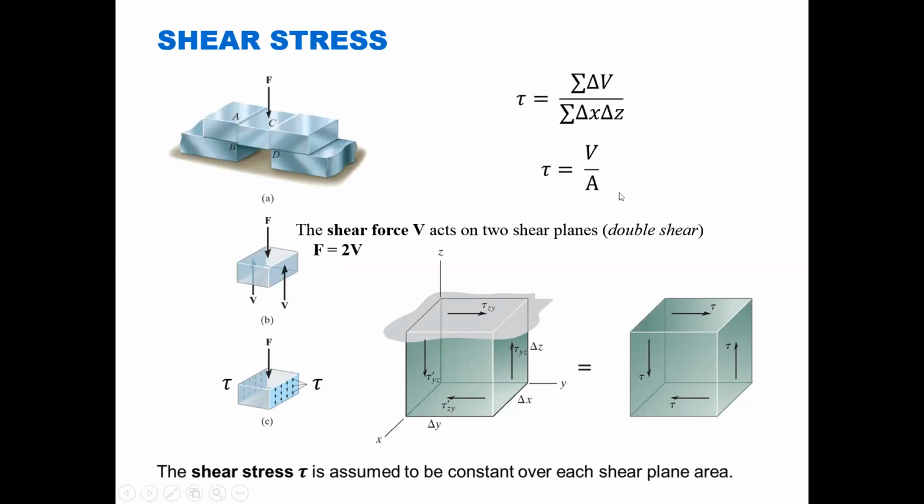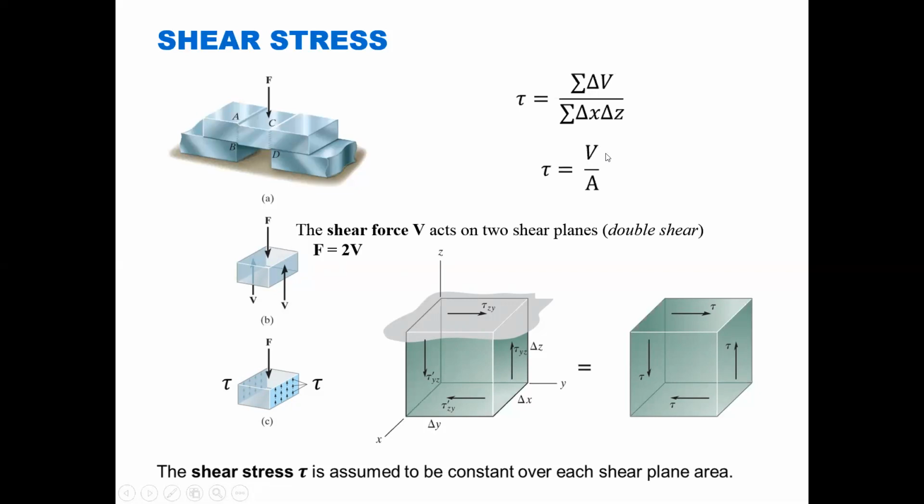Now this equation looks very similar to our first equation, doesn't it? And in fact, in many ways it's the same equation. It's just that we're talking about shear stress instead of normal stress.